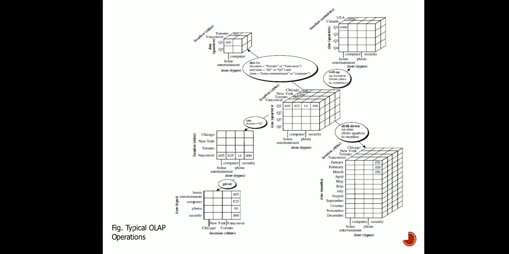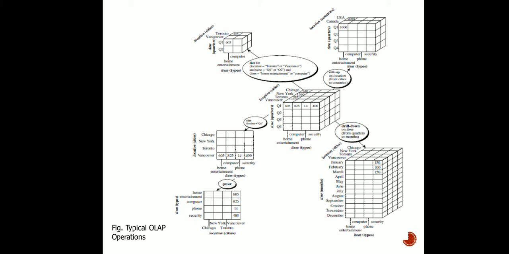I am talking of the cuboid lying in the middle of all. The location has been divided into 4 parts: Vancouver, Toronto, Newark and Chicago. And for items, one is home entertainment, second is for computer, third is for phone, and fourth is for security.